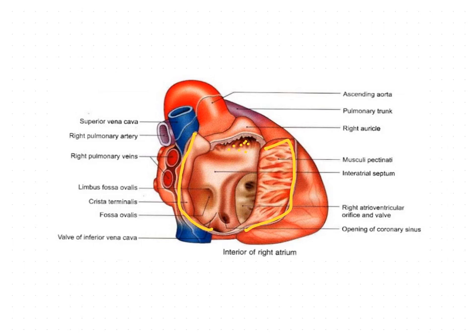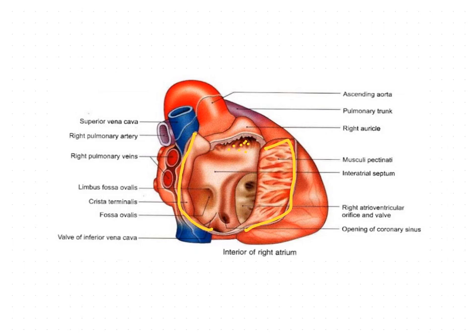Developmentally, it is derived from the primitive atrial chamber. That means during embryonic life, the primitive atrium is present in the heart, and from that chamber this anterior part is formed.